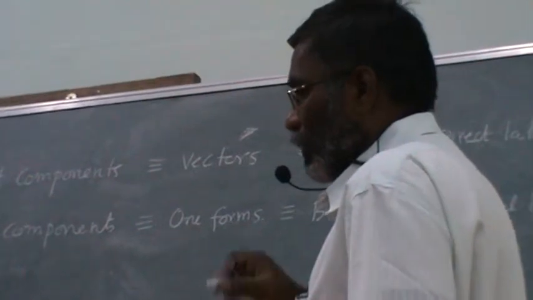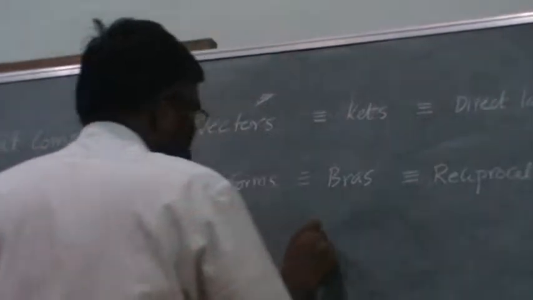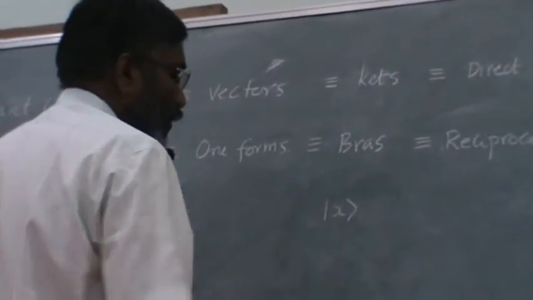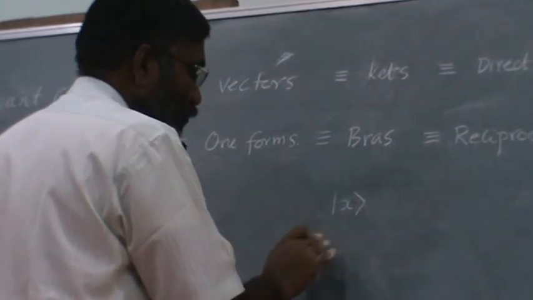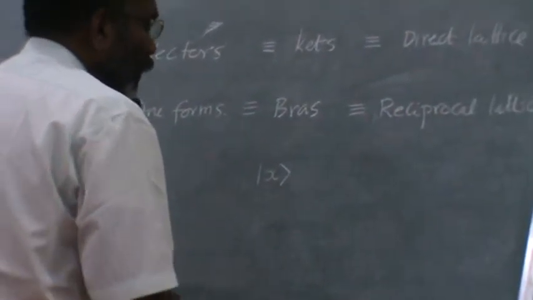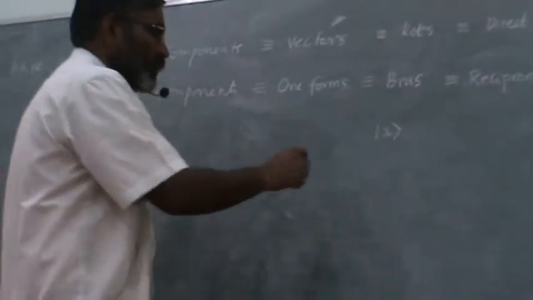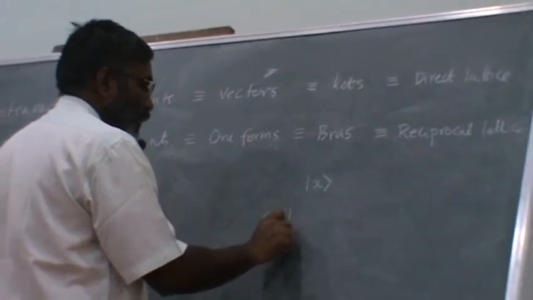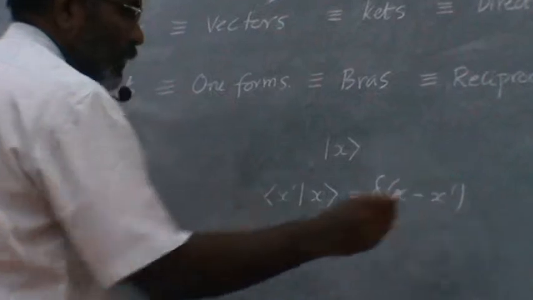But you have to be a little bit careful, because if you say this is your x basis, coordinate basis, then you must choose... Reciprocal basis is not a Fourier basis anytime, because we require this also to be an x prime such that x prime x becomes this Dirac measure, x minus x prime.